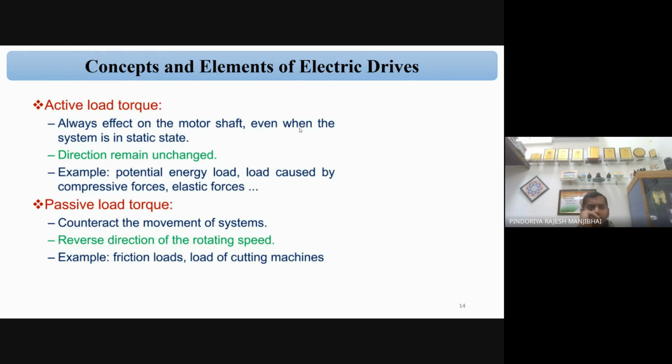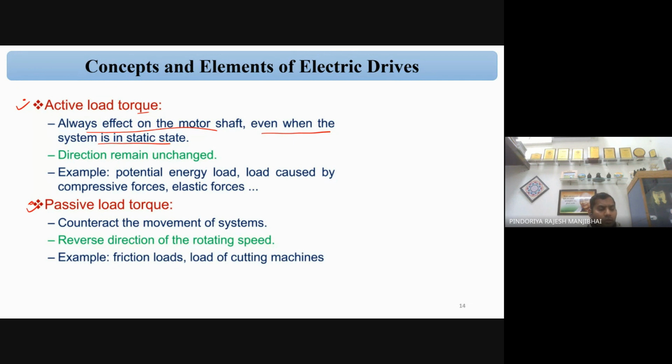I think in the first semester we already discussed the active load torque and passive load torque. Again, I am repeating this. So active load torque and passive load torque. Active load torque means it always affects the motor shaft, even when the system is in the static state.